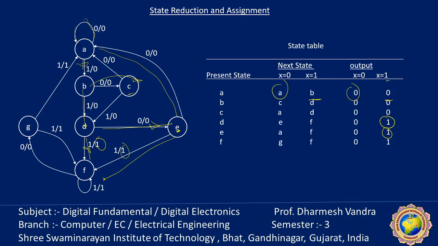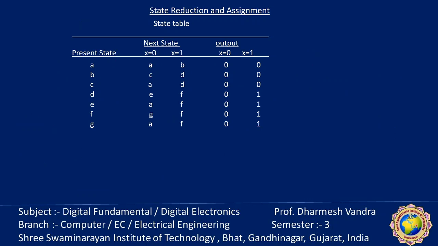Similarly, in F, the next state is G, output is 0. If the input is 1, the next state is F, and the output is 1. In G, with 0 input, the next state is A and the output is 0. With 1 input, the next state is F, and the output is 1. So this is the state table which we obtain from the given state diagram.